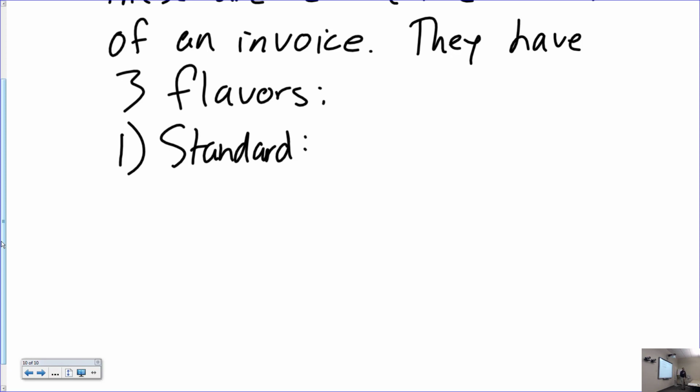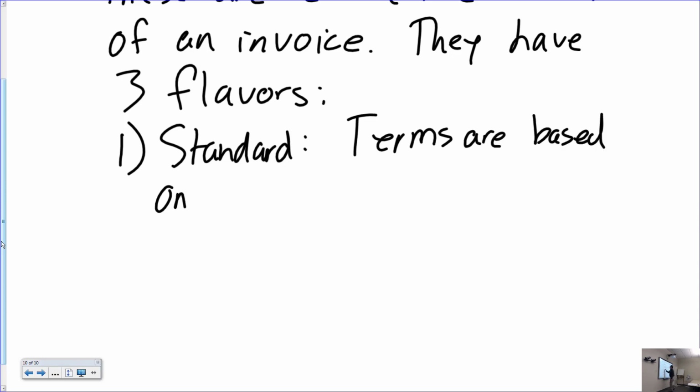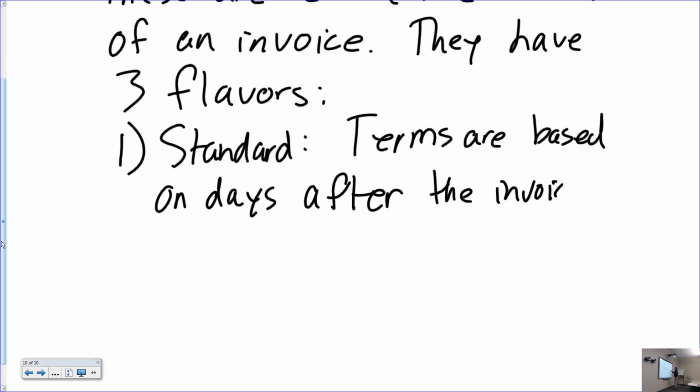Standard terms. Terms are based on days after the invoice date. Note, folks, an invoice date is the date that the invoice is created.